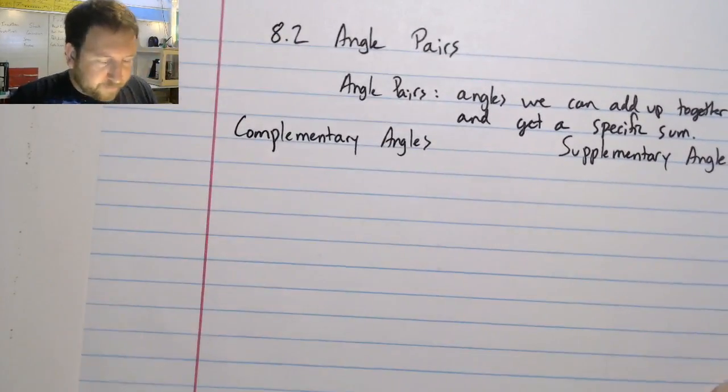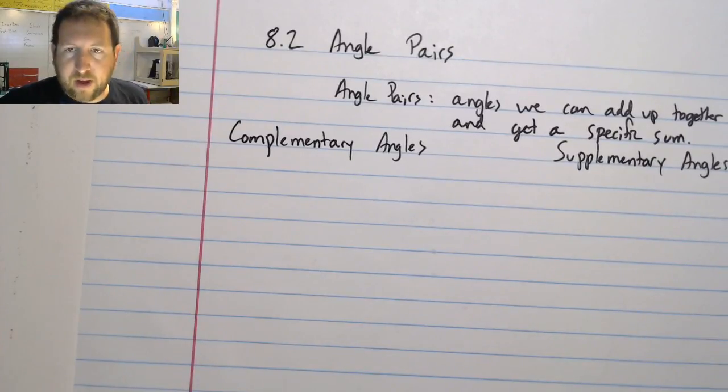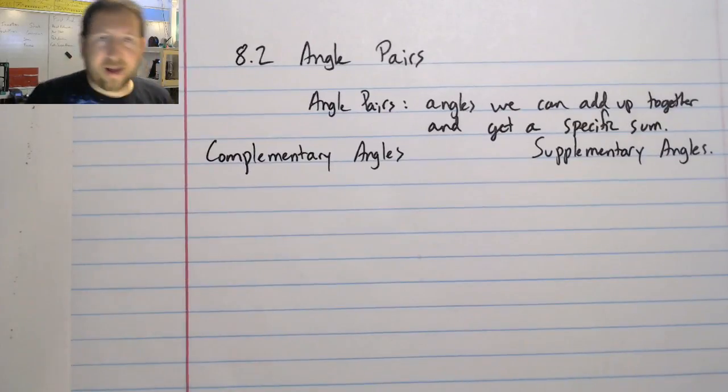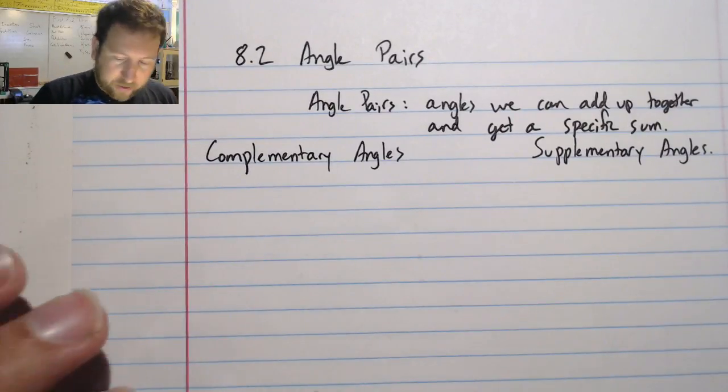For example, let's look at our complementary angles first. Complementary angles are two angles that add up to a total of 90 degrees.